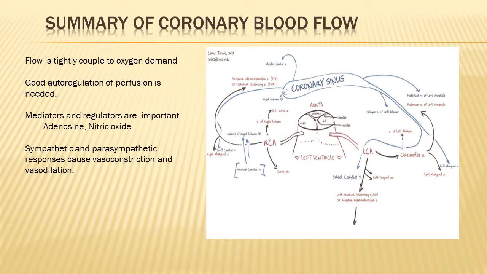Then you have mediators and regulators that signal when you need more blood flow because of oxygen demand, such as during exercise, and when you need to conserve oxygen. And then you have the sympathetic and parasympathetic responses that cause vasoconstriction and vasodilation.